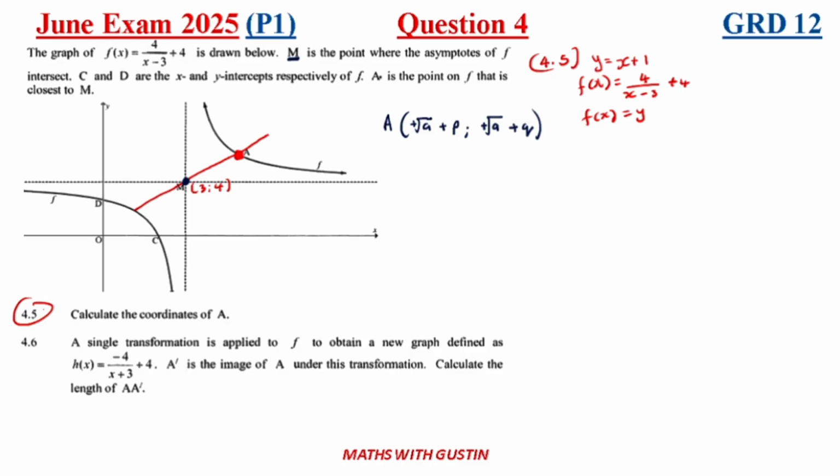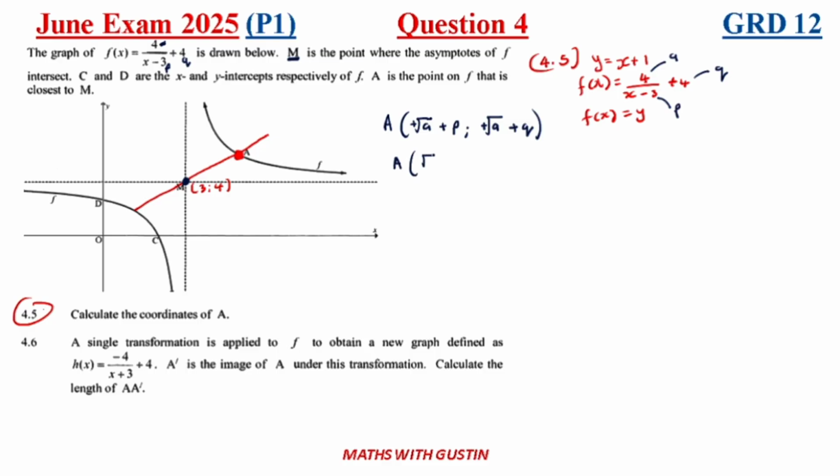Right. So now, if you have a look, the a value here is what? It's 4. This is our a value here on our hyperbola, which is 4. This is our p, and therefore this is our q. So what you can do, you can just come and substitute your values here.